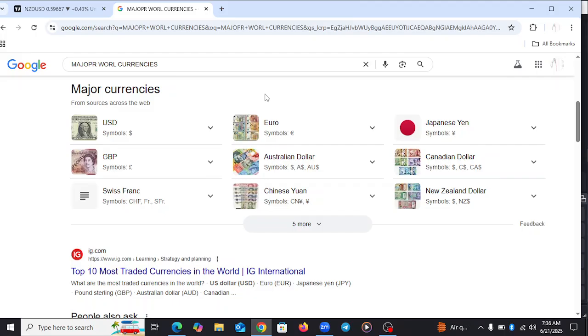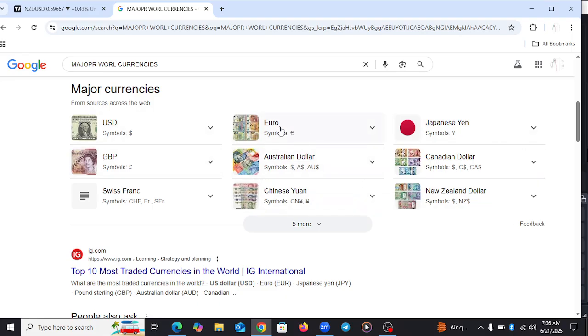Get this right. We have major pairs, major currency pairs, and minor currency pairs. That's three different subheadings. The major currency pairs are pairs that are crossed with the dollar. And the minor currency pairs are major currencies that are crossed with each other.